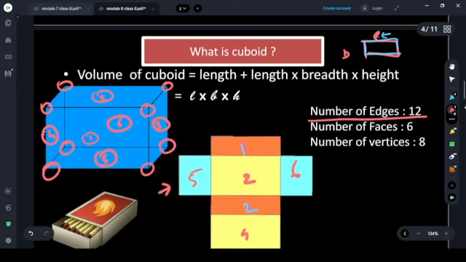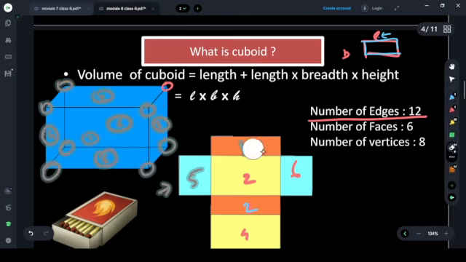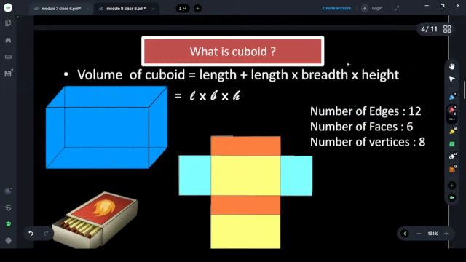So what is the formula for volume of cuboid? Can you guess? Let us see how the formula is derived. You have seen how a rectangle is formed. We take a string, then another line, then another string.